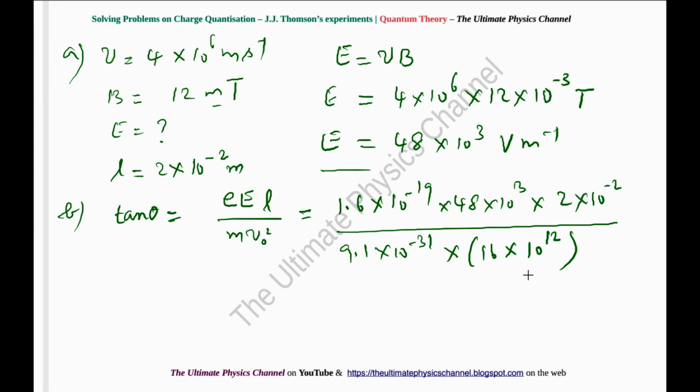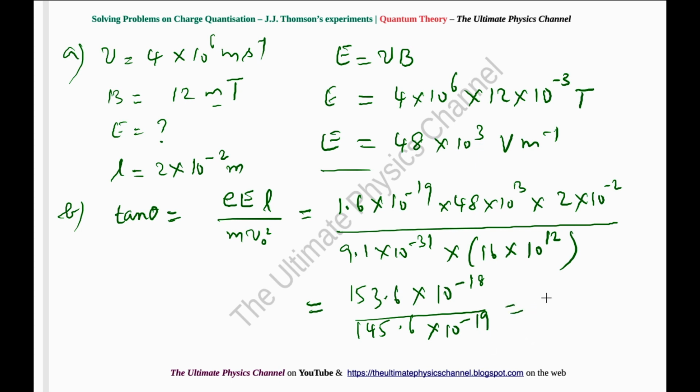So if these values are substituted and calculated, we get 153.6 times 10 power minus 18 on the numerator, and then 145.6 times 10 power minus 19 on the denominator.